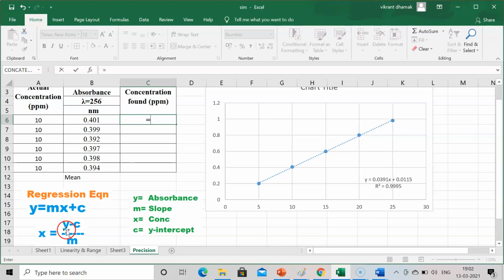We have rearranged this equation in the last practical: x is (y minus c) divided by m. Here y is the absorbance. So let's take that absorbance. Before that, put a bracket. Bracket y minus c, where c is the y intercept. You can see the value from here.